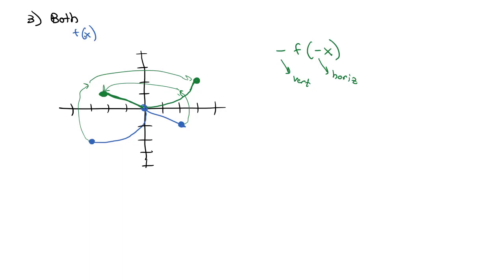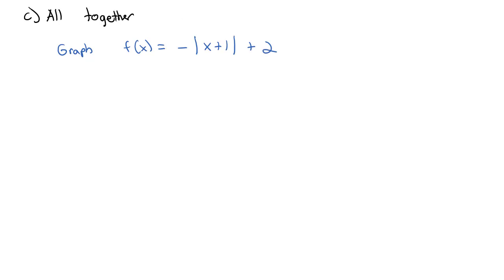In fact, we can combine both reflections and shifts together into a single problem. We can see all these shifts together. Let's graph f of x equals negative absolute value of x plus 1, plus 2. Now first let's take apart what this tells us. The negative in front of everything, that's a vertical reflection.